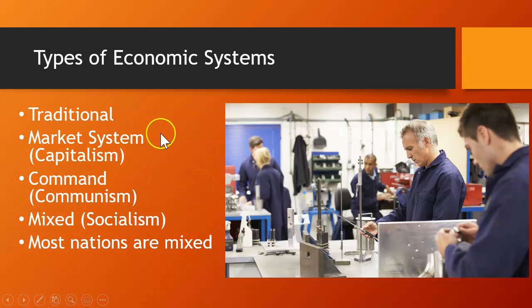So in our system, you decide, hey, I want to be a teacher. Okay, you can go to college and become a teacher. That's your choice. In a command economy, the government tells you this is your job. We don't need teachers. We need people to construct buildings. So that's going to be your job. So the government tells you what you're going to do in the best interest of society.